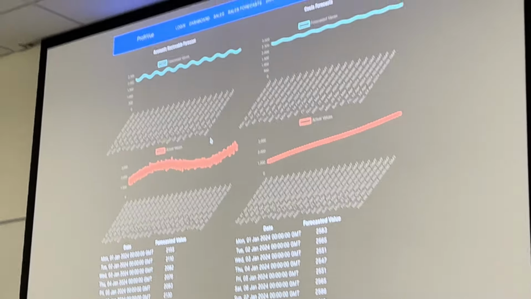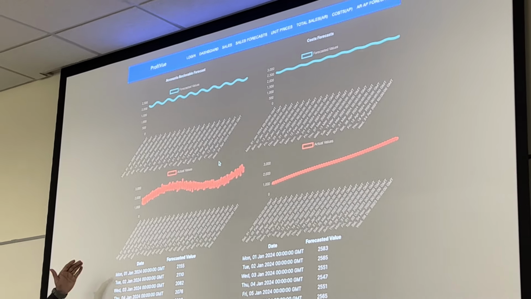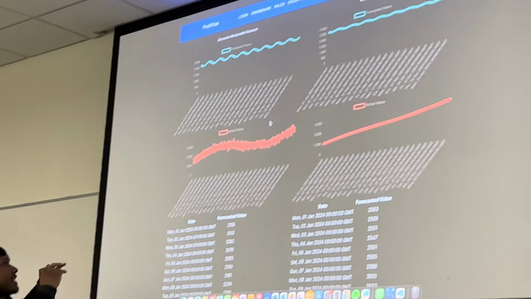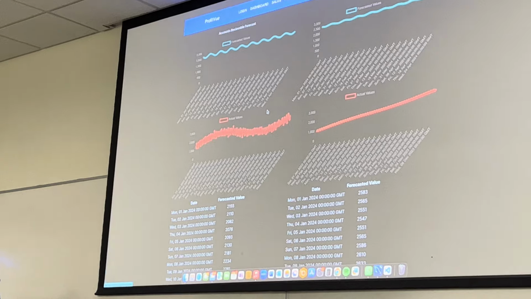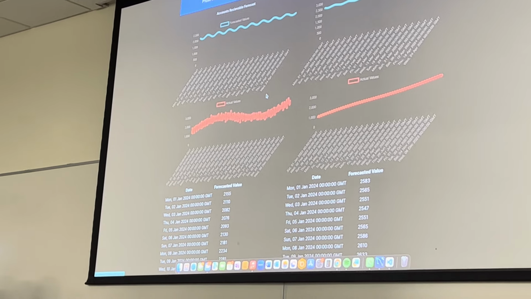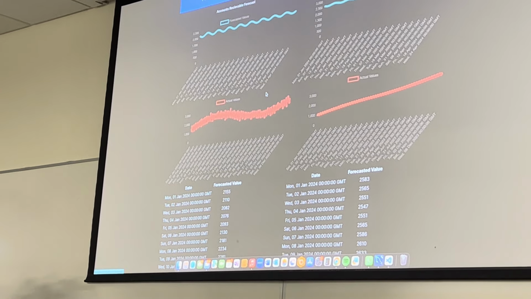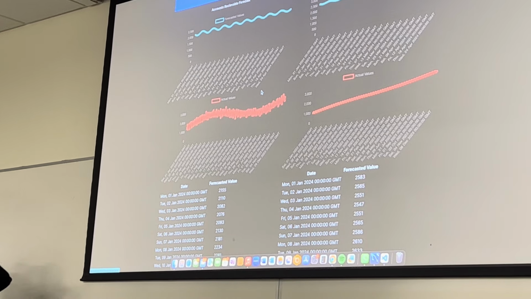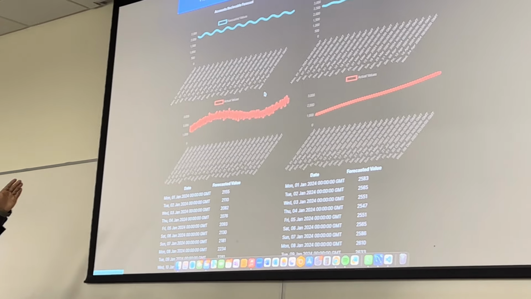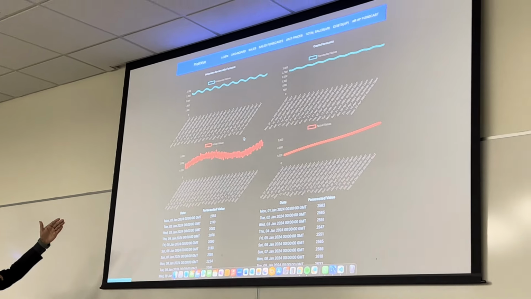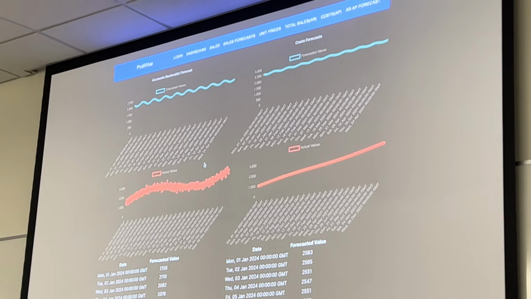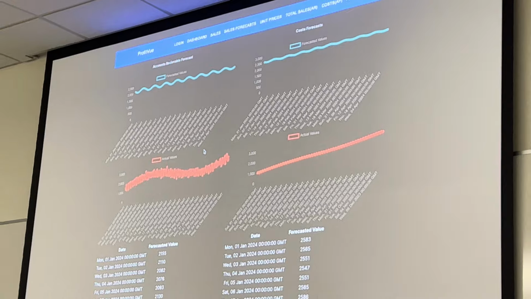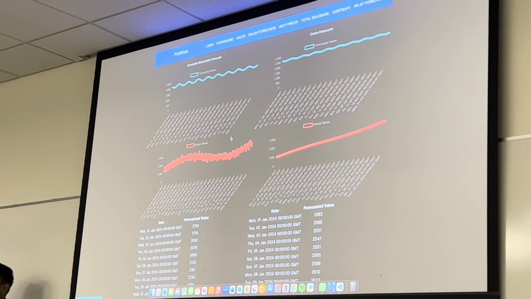So let's go back here. You can see in the actual values that there is a type of sine curve happening in a yearly seasonality. And if you try to fit a linear regression line, it is upward trending. And if you look at our forecast, what it is actually doing is figuring out that in a weekly way, there is a sine trend.